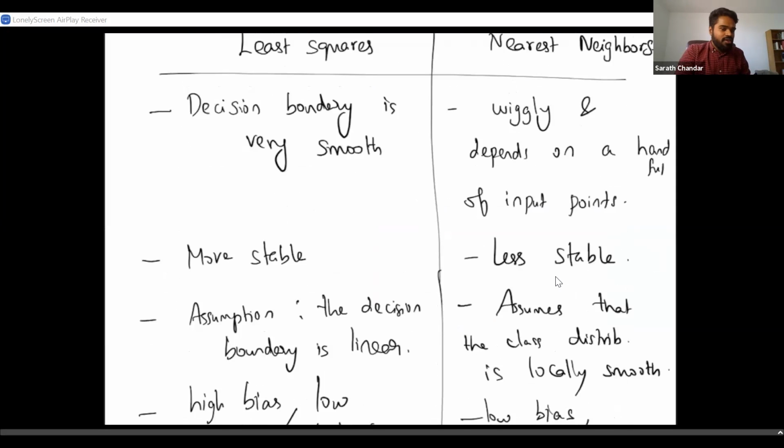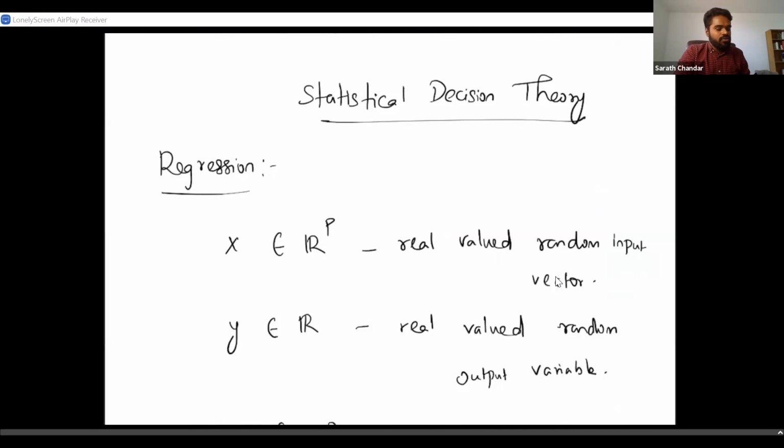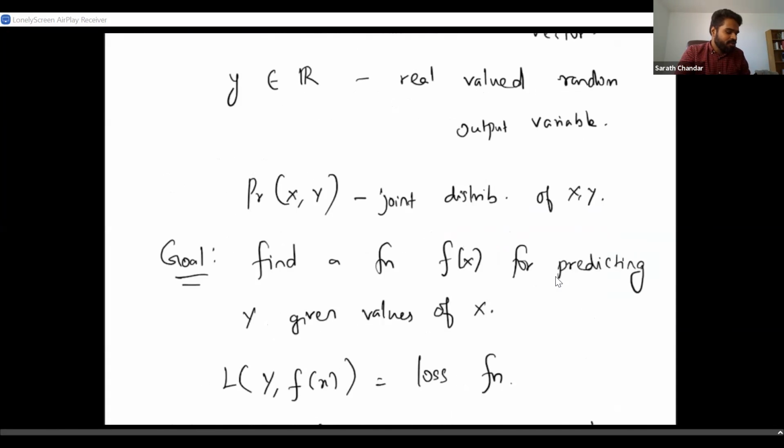And we discussed the differences between them, which led us to the question of, given a prediction problem, whether it is regression or classification, what is the optimal function that solves this problem? We tried to answer this in a very abstract sense.